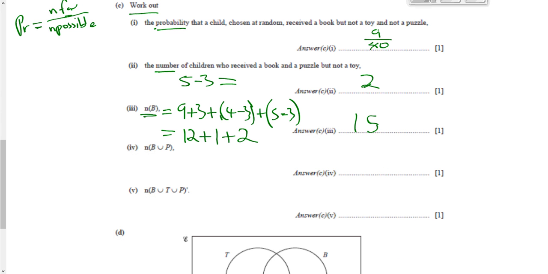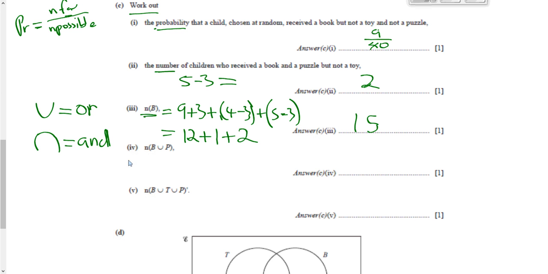Here's some notation you need to understand. We've got the smiley face and the upside down frowny face. This one is equal to or, and this one is equal to and.